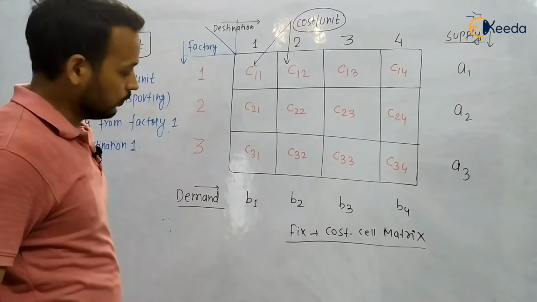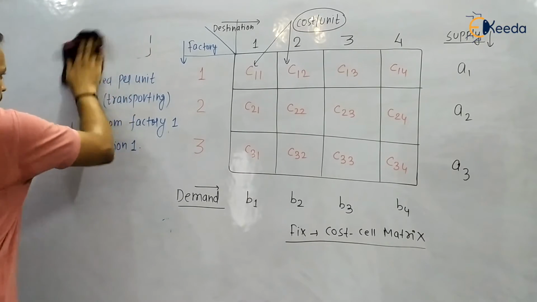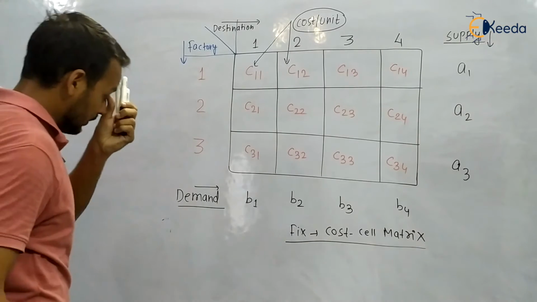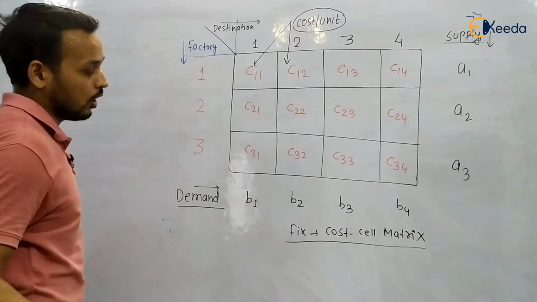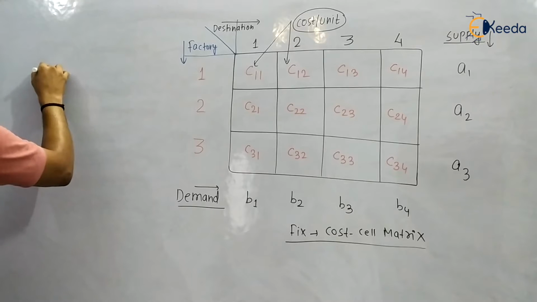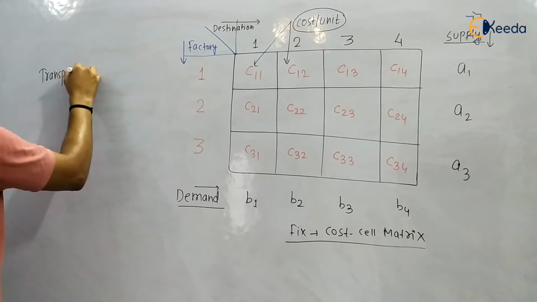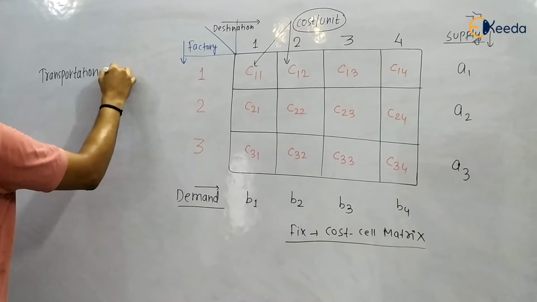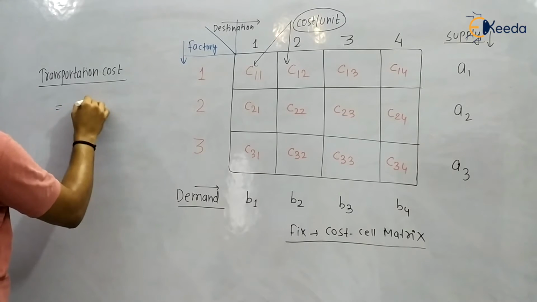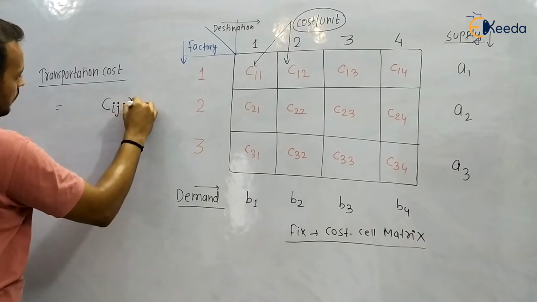So what we have to do is minimize the cost. So how are we going to minimize the cost? Suppose the transportation cost comes, suppose I am writing Cij into Xij.